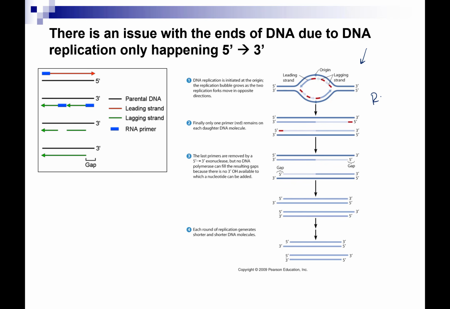The primers are red. And when we remove these last final primers, what I want you to see is there's a gap. We can't copy this last little bit of DNA because there's no 3' hydroxyl hanging out there. And so we have a gap. And that means every time your DNA replicates, it gets shorter.